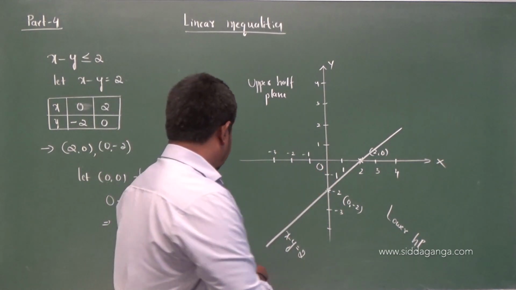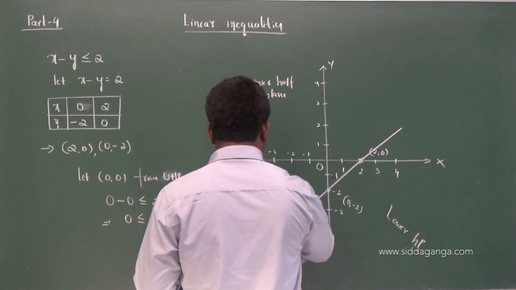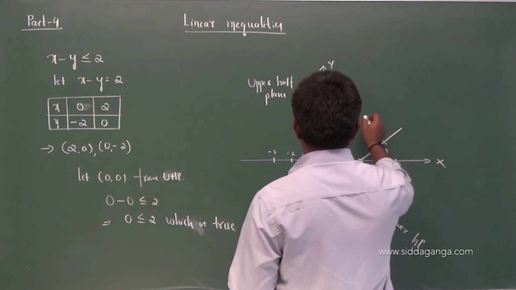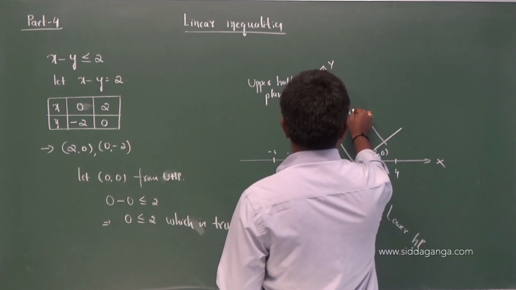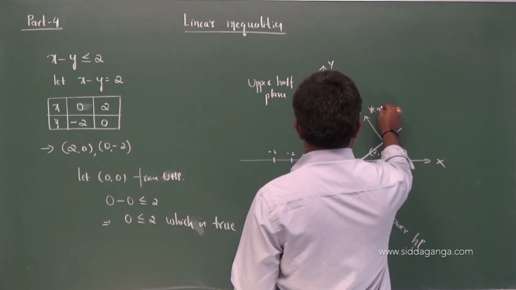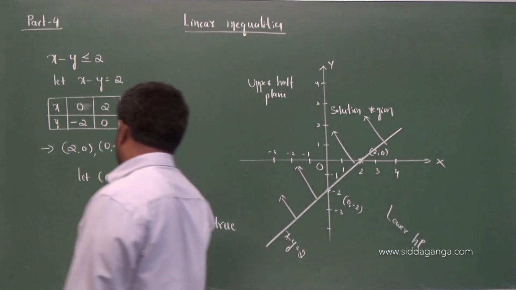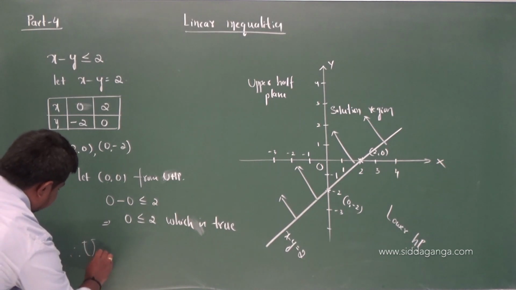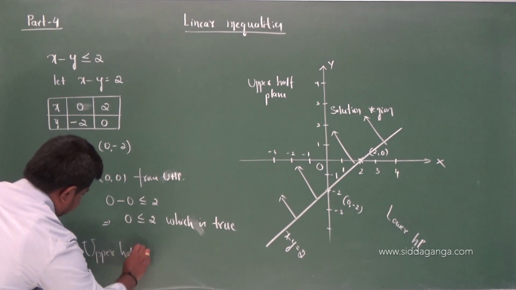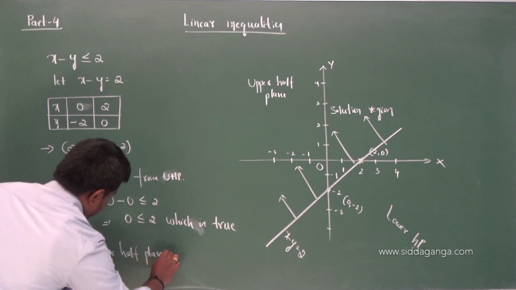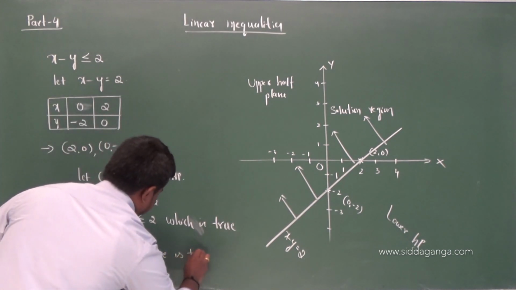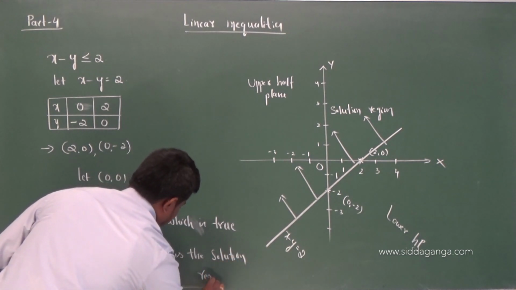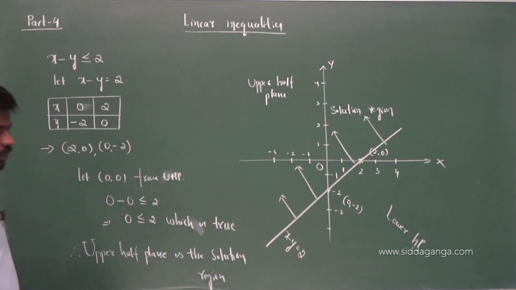That is the upper half plane. So this is your solution region, and you have to mention the solution region in the graph also. At last the conclusion is: therefore, the upper half plane is the solution region.